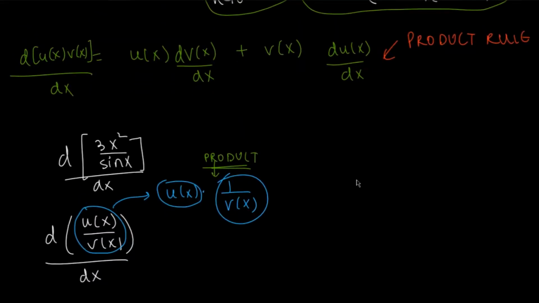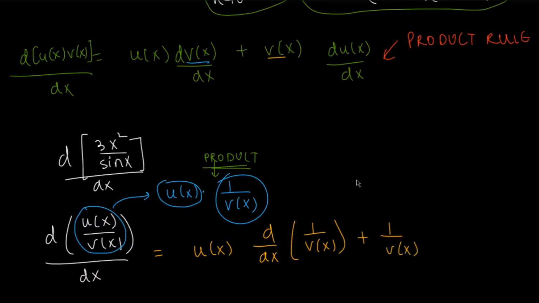So instead of writing v of x, we would write 1 over v of x. So u of x just remains the same. So u of x times the derivative, d over dx of 1 over v of x, plus, instead of v of x, again, you put in 1 over v of x, times du over dx.